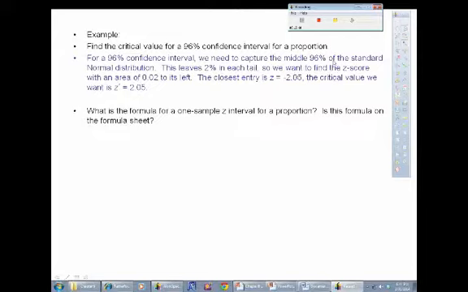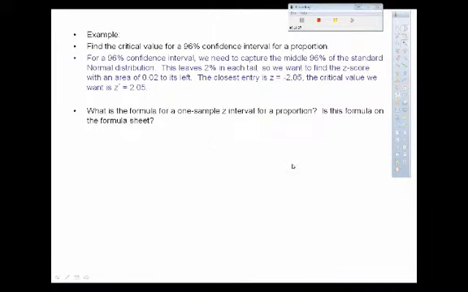So we'll have this formula for this one sample z interval for a proportion. Choose a simple random sample of size n from a population that contains an unknown proportion p of successes.